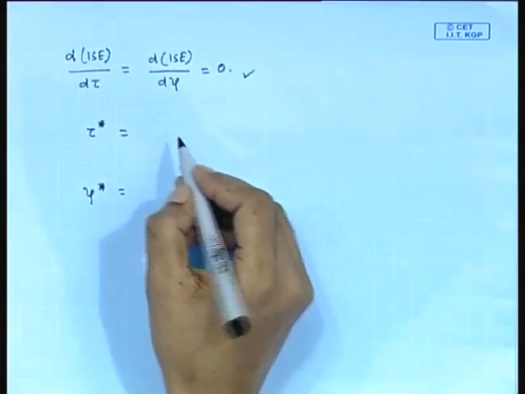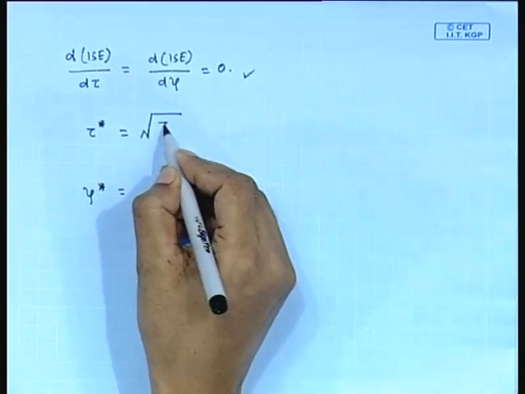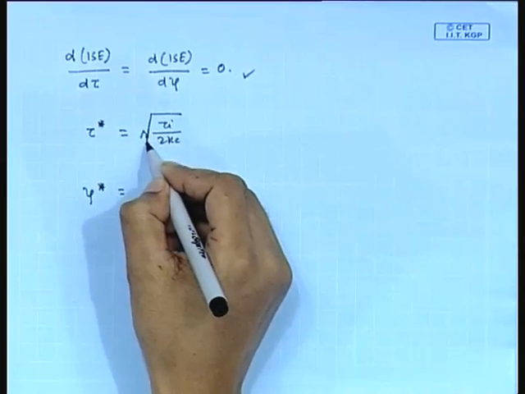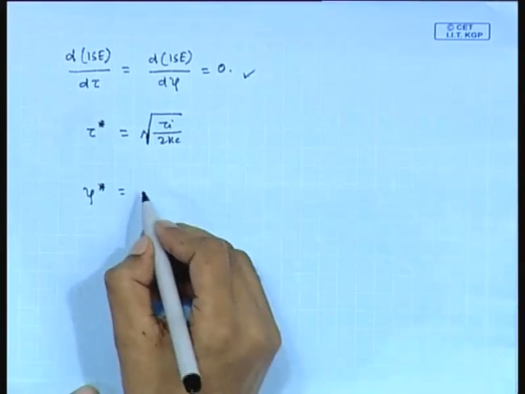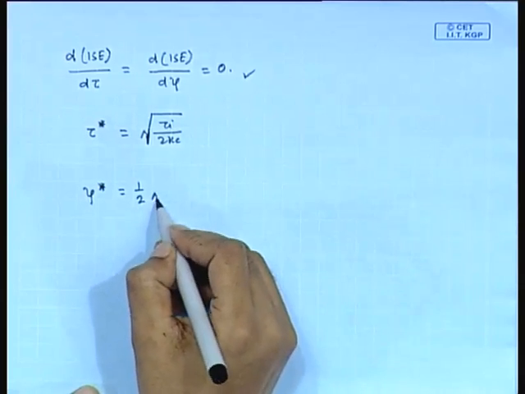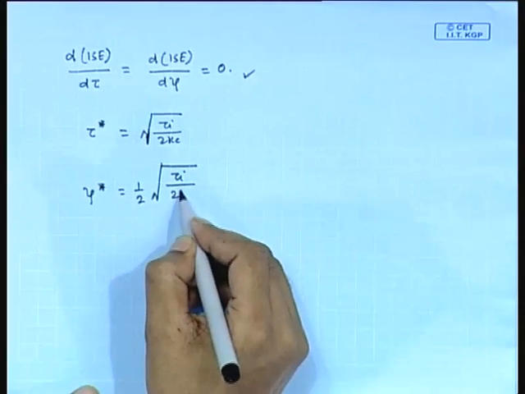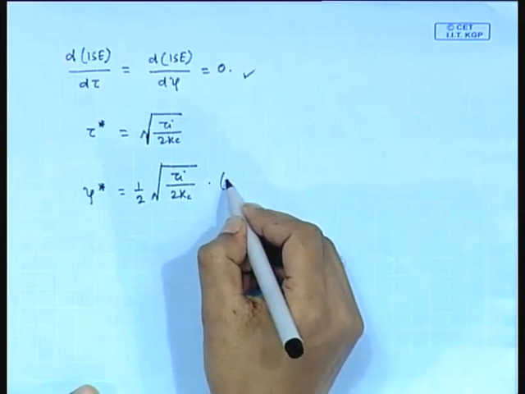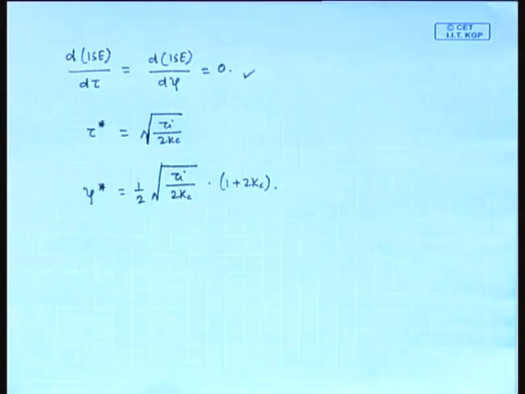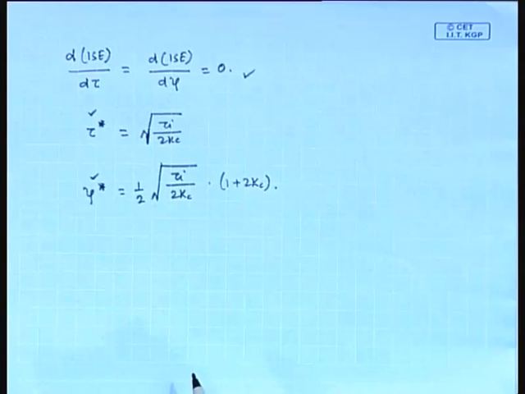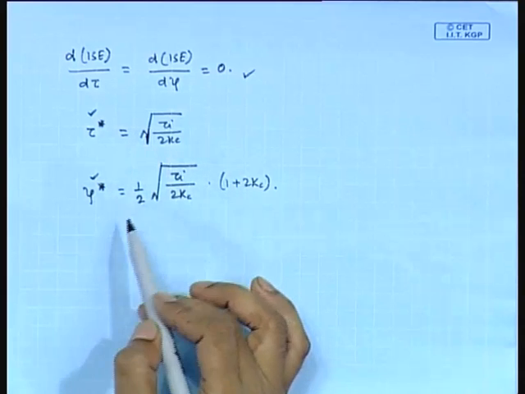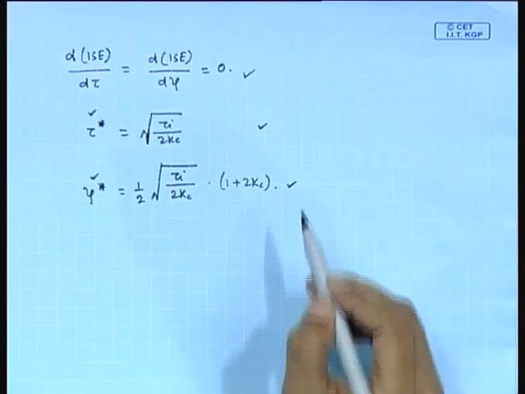Now, we will write tau star equals root over of tau y divided by 2 Kc, and similarly zeta star equals half root over of tau y divided by 2 Kc multiplied by 1 plus 2 Kc. These two values, tau star and zeta star, we obtain by minimizing ISE. Now, we have the expressions for tau and zeta, written in this form.